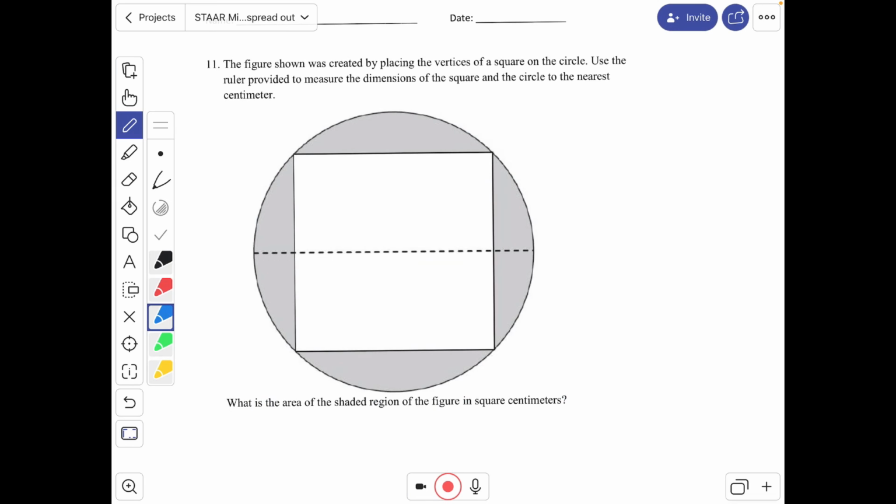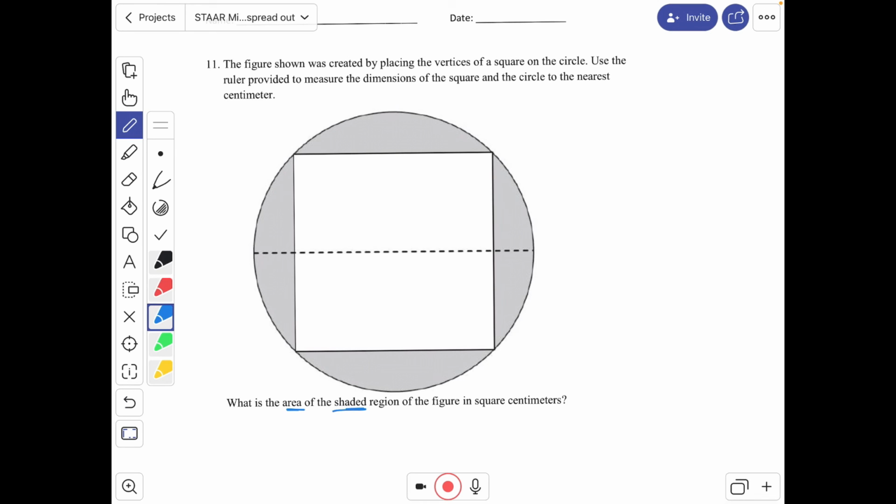Number 11. The figure shown was created by placing the vertices of a square on the circle. Use the ruler provided to measure the dimensions of the square and the circle to the nearest centimeter. What is the area of the shaded region of the figure in square centimeters? So they want the area, but of only the shaded part.